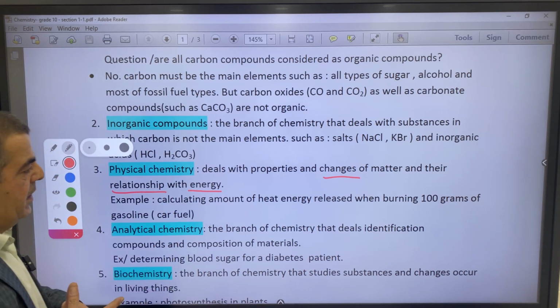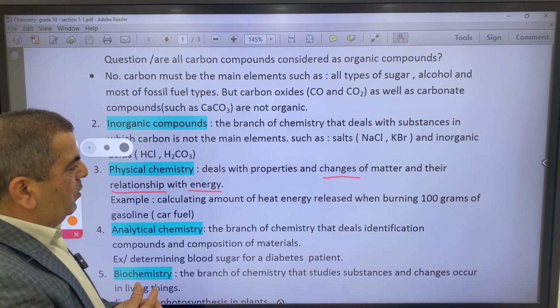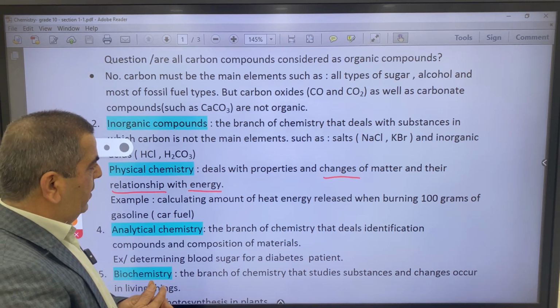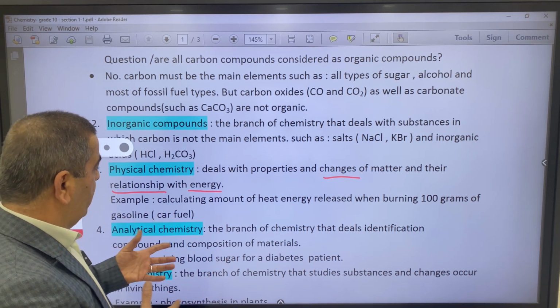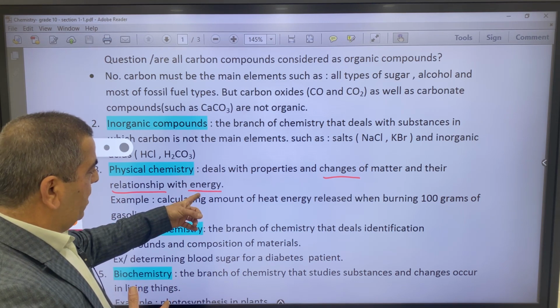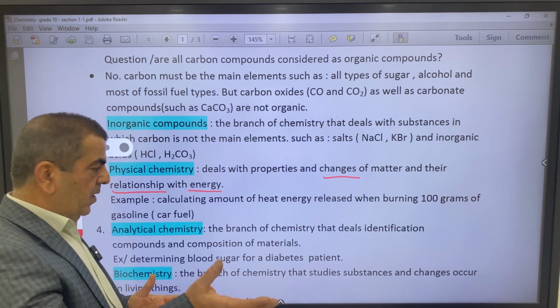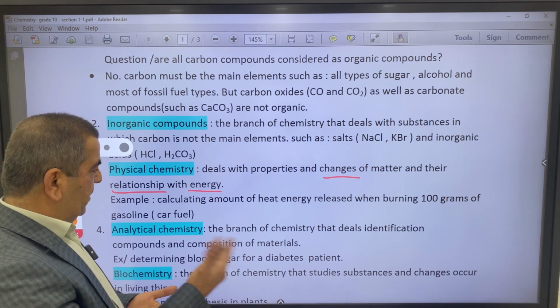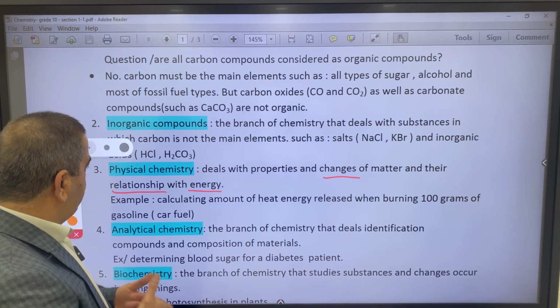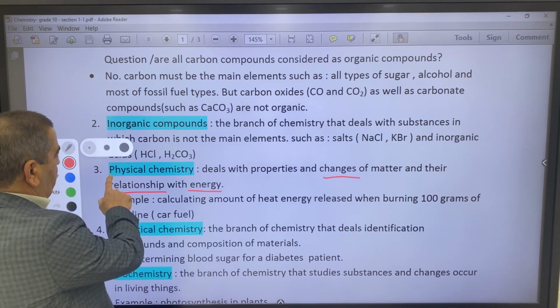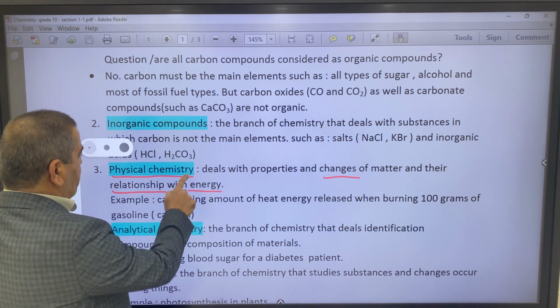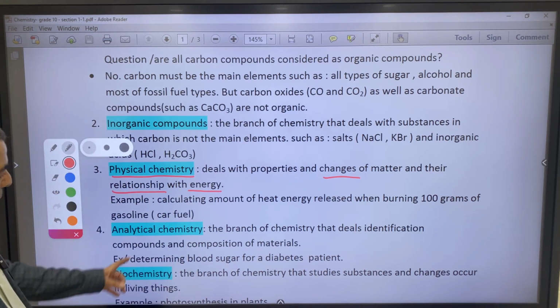Whenever we see a problem or topic where a chemical change is related to an amount of energy, as heat for example, or electric energy transferred, gained or lost, in this case we're dealing with physical chemistry. We have an example here.